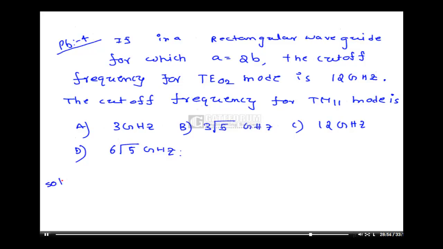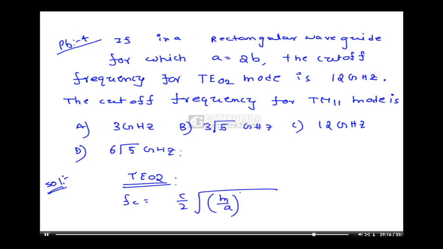The solution to this problem: here it is given that for the rectangular waveguide, A is equal to 2B. The cutoff frequency for TE02 mode is 12 GHz. So first of all I am calculating for TE02 mode. What is the cutoff frequency? FC is equal to C by 2 into square root of M by A whole square plus N by B whole square.